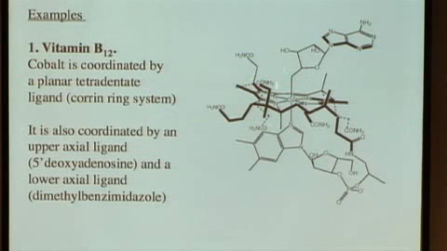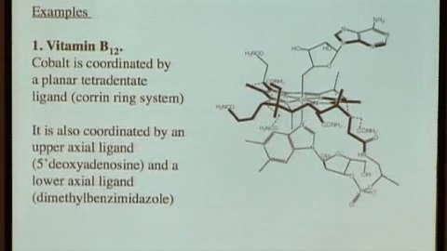The ring system has these nitrogens, which are the donor ligand to the cobalt. So this ring system is attaching at 4 points, so it's a tetradentate ligand. There are also 2 other ligands attached to vitamin B12. There's an upper ligand shown here, which is 5' deoxyadenosine, and a bottom ligand, which is a dimethylbenzimidazole ligand.